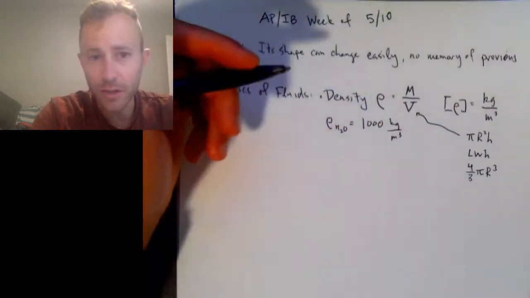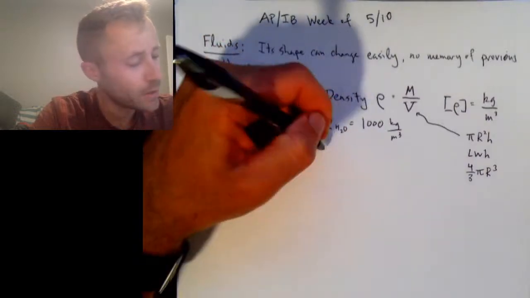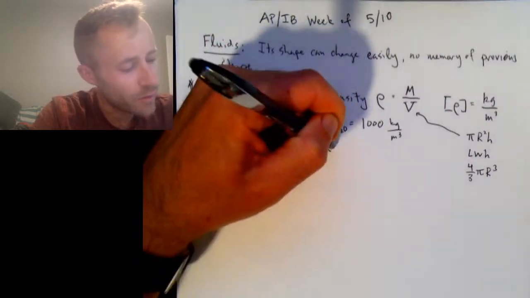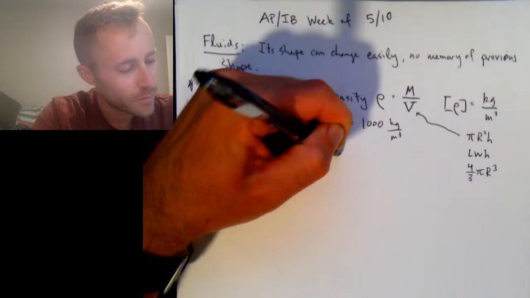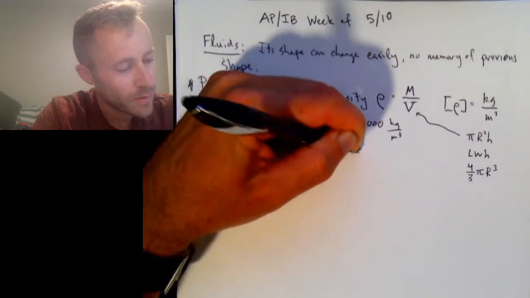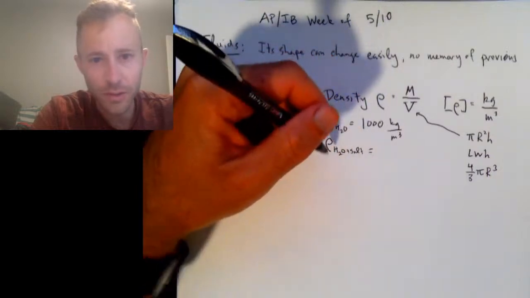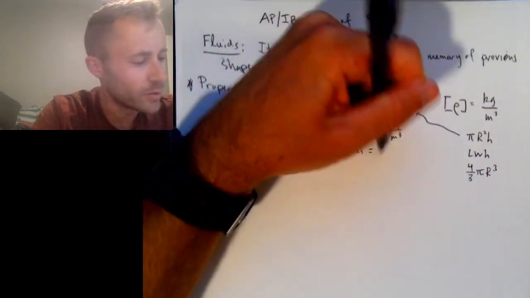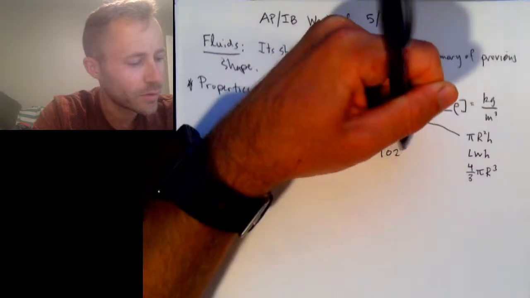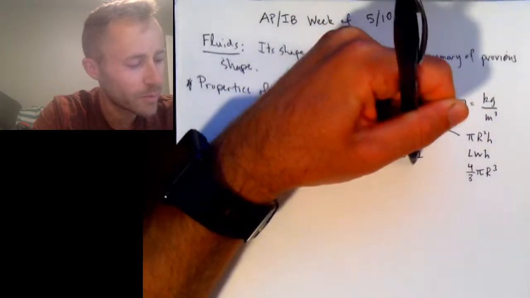The density of salt water is slightly more. It depends on the salinity of water, but it is around 1025 kilograms per cubic meter.